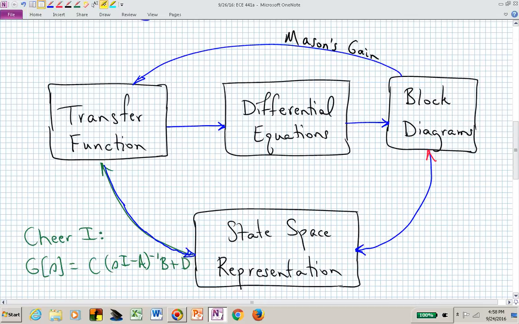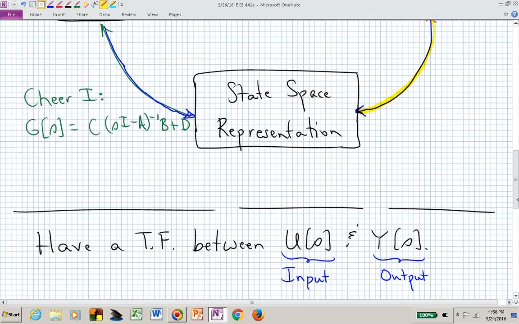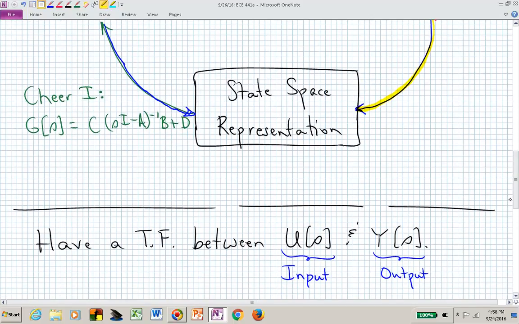Today what we want to talk about, though, is going from a transfer function to the differential equation, then to the block diagram, then to a state space representation. That's what we want to do. We're assuming we have a transfer function, which is some ratio of output to input, between the input U of s and the output Y of s.